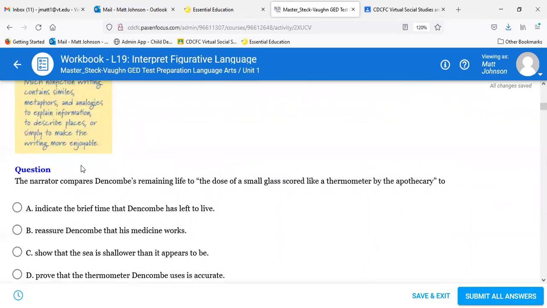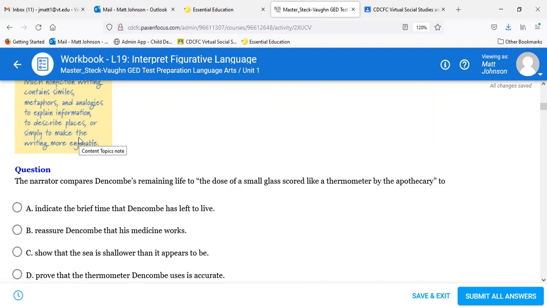And our first question, Tracy, could you please read our question number 1? Yes, the narrator compares the company's remaining life to the dose of a small glass scored like a thermometer by the apothecary to A, indicate the brief time that Dencombe has left to live.